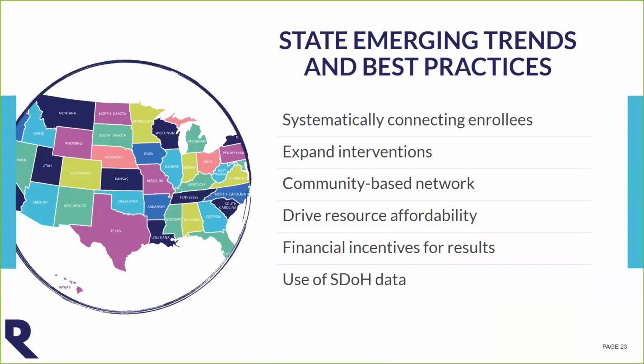Similar to the regulatory levers, states are also using financial incentives to drive innovation in the space. A lot of the pay for performance, performance improvement programs, quality improvement, even withholds, they're starting to be more focused around this space to help encourage plans and providers to take steps to help with these interventions.